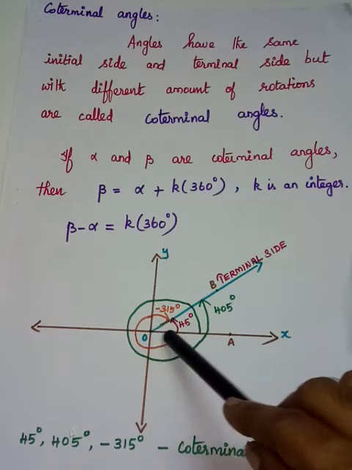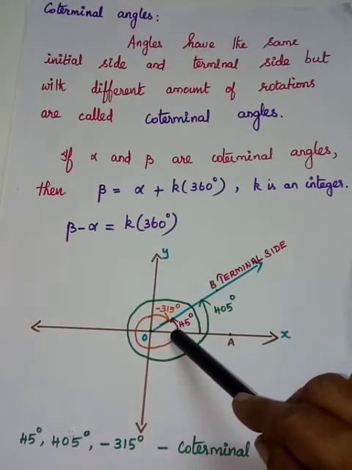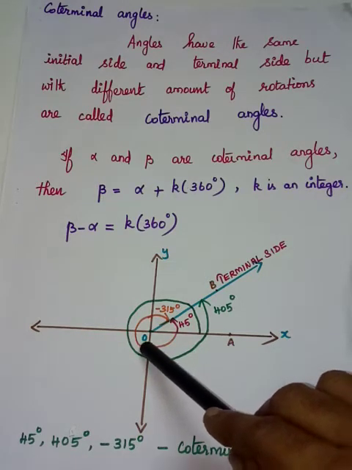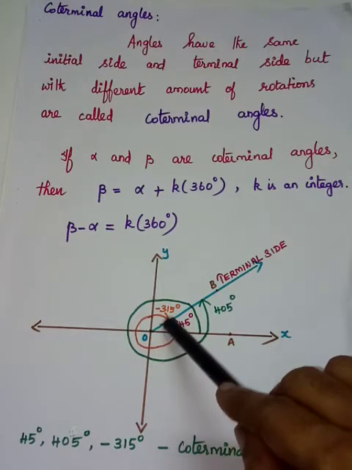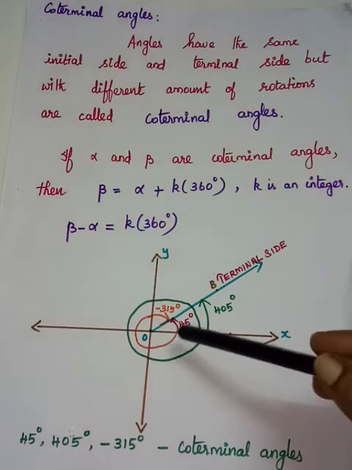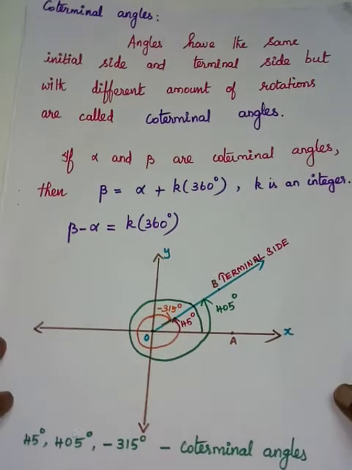OA is the initial side, and this ray rotated in the clockwise direction. You see that up to this it is 90 degrees, 180 degrees, 270 degrees, then 45. Then only you will get -315 degrees. So -315 degrees also has the same initial side and the same terminal side. So these three angles are called coterminal angles.